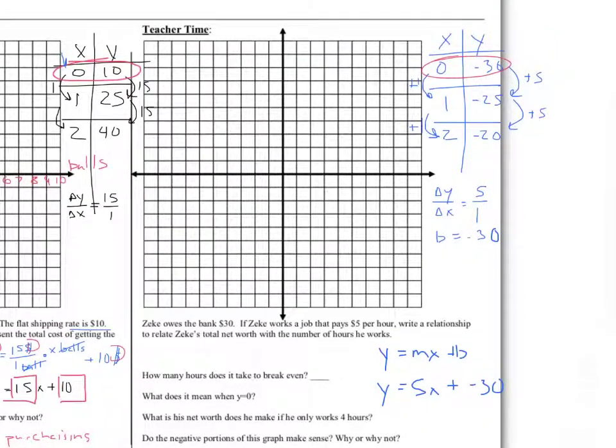All right? Now, if we want to graph it, I'm running into the similar problem that we had in the previous one, and that is it doesn't look like I have enough room. So in our y direction, what would you like to change the scale to? What would you like to count by?